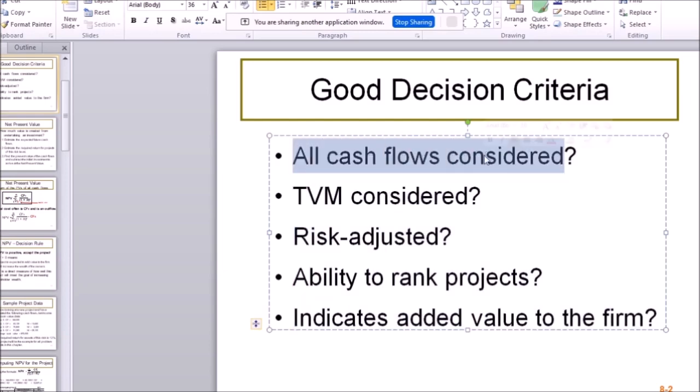One of those features is that we should consider all of the cash flows, right? If the factory is going to generate cash flows over the next 30 years, I do want to take into account the cash flows of all of those 30 years. Why should I only look at the first 5 years and ignore the rest of the 25 years? But funny enough, that's what the payback period does, okay?